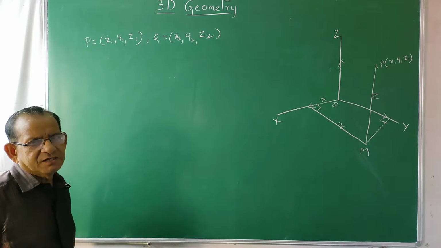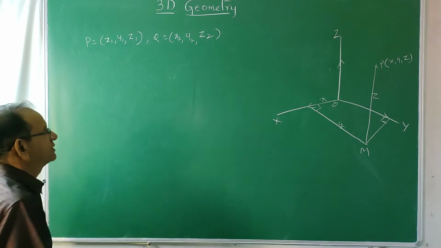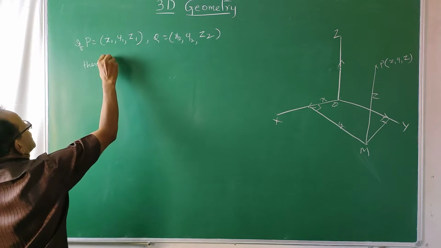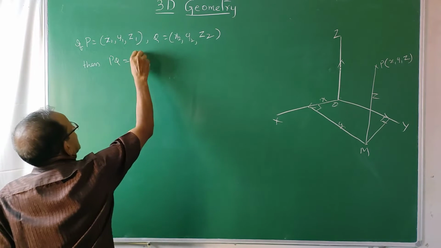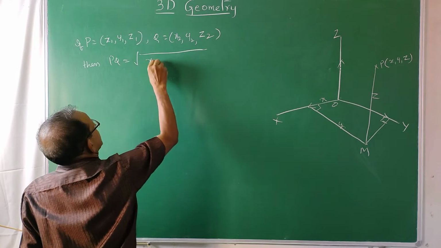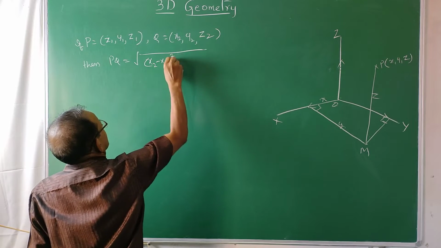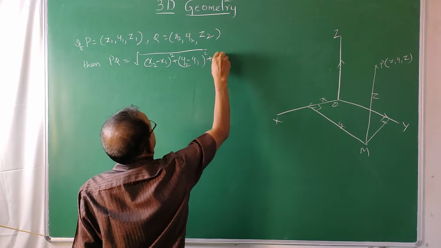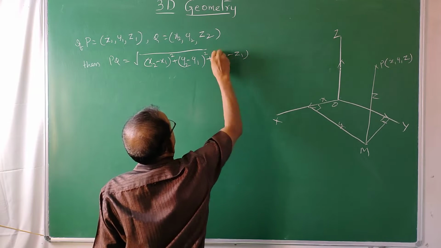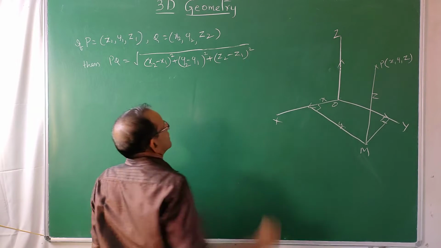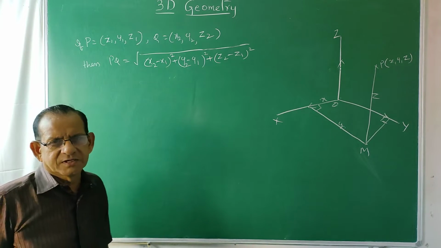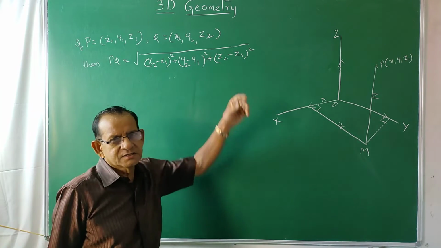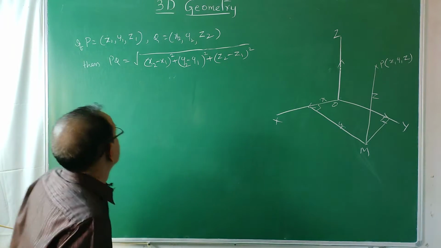Then the distance between these 2 points, PQ, is equal to root of x2 minus x1 whole square plus y2 minus y1 whole square plus z2 minus z1 whole square. This is the formula for the distance between 2 points, just like in two-dimensional, but another additional part is z2 minus z1 whole square.